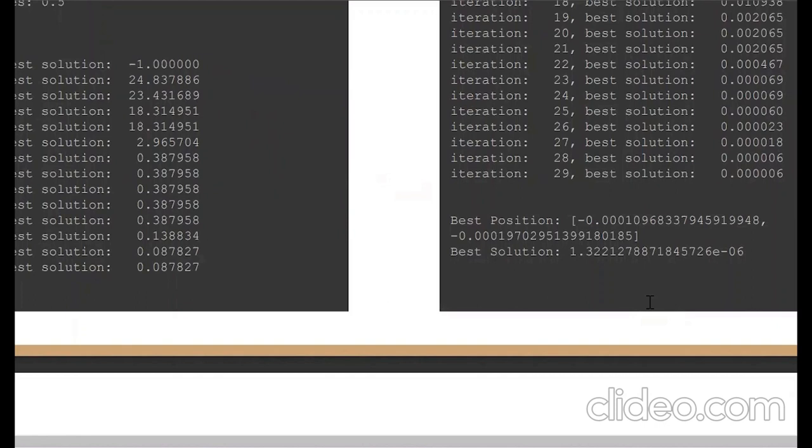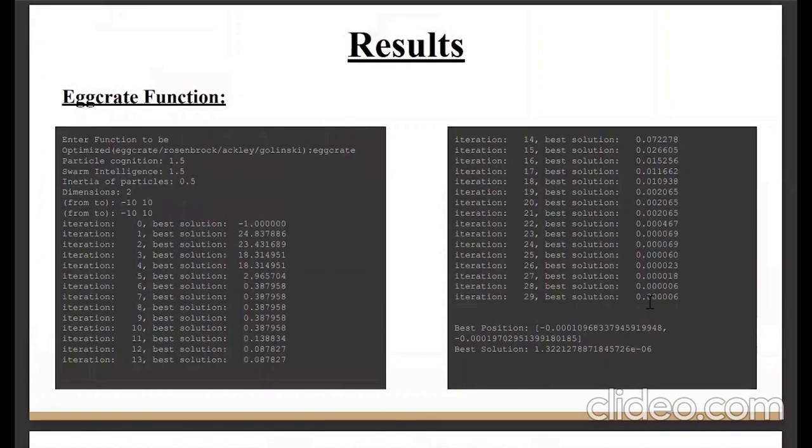I guess this is still close to the global minima, because the global minima is at 0, almost 0,0, and the best solution is 1.3, which is not that far from 0. So these are the two implementations of our objective functions that we have used.